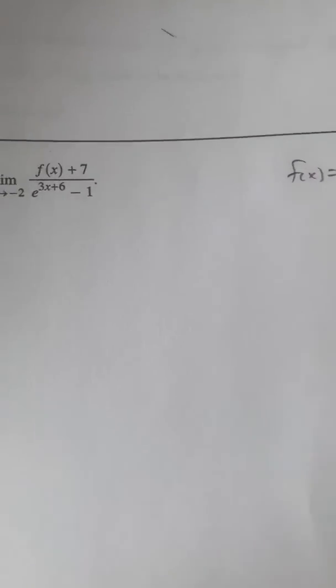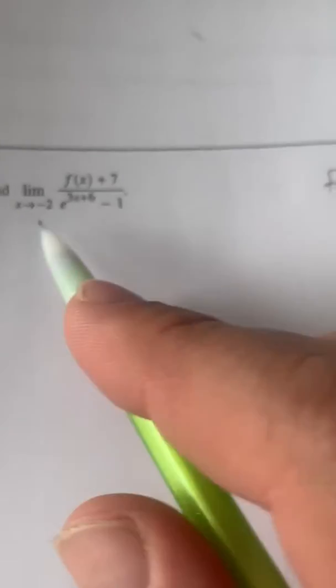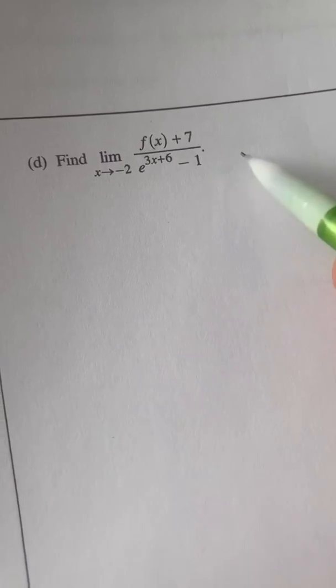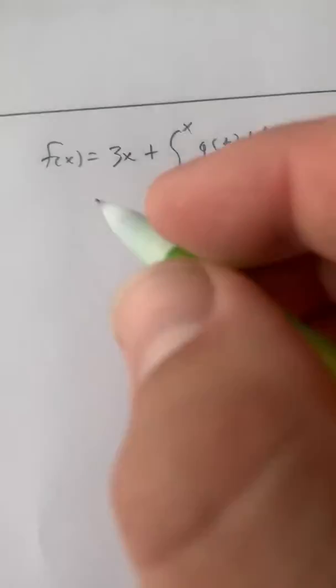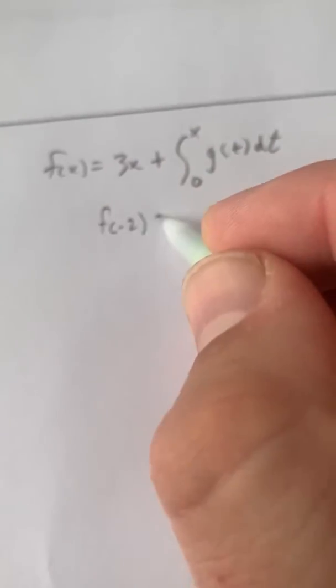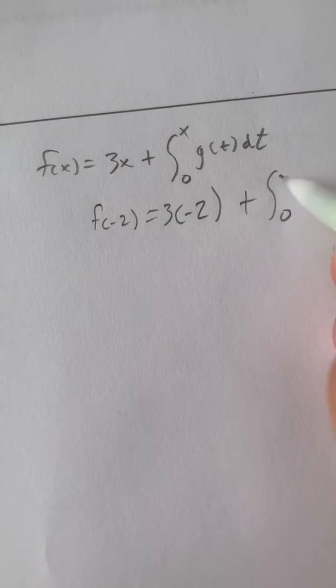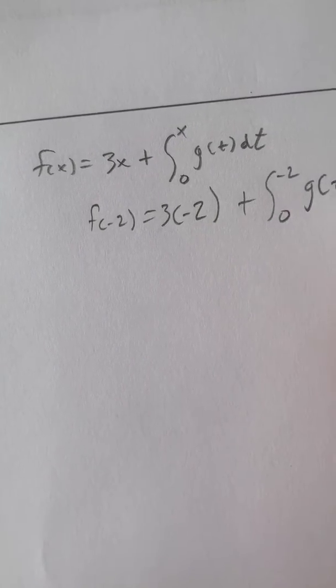Okay, and then part D says, find the limit of this quantity as x approaches -2. So as I approach -2, if I plug a -2 into here, so I've got my f of x function right here. So f of -2 will equal 3 times -2 plus the integral from 0 to -2 of g of t.